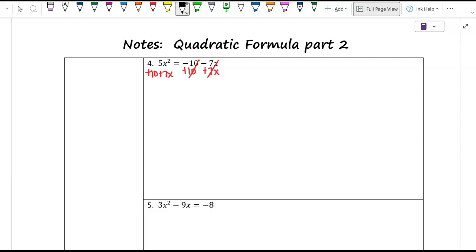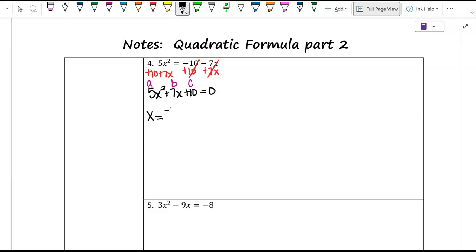When I write this, it has to be 5x squared plus 7x plus 10 equals 0. When you rewrite it, it does have to be in standard form, ax squared plus bx plus c, because that's how we know we're getting our a, b, and c correctly. So our a is 5, b is 7, c is 10.